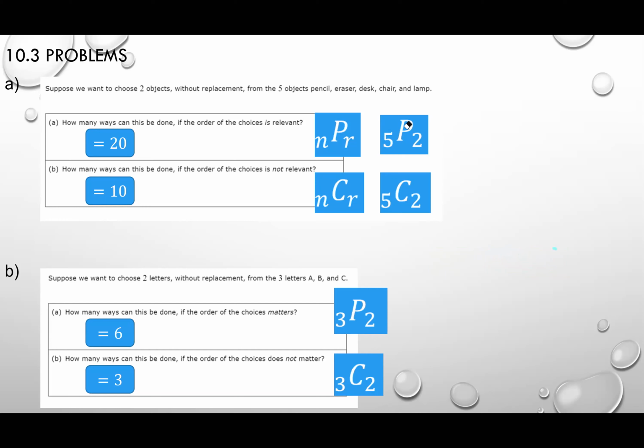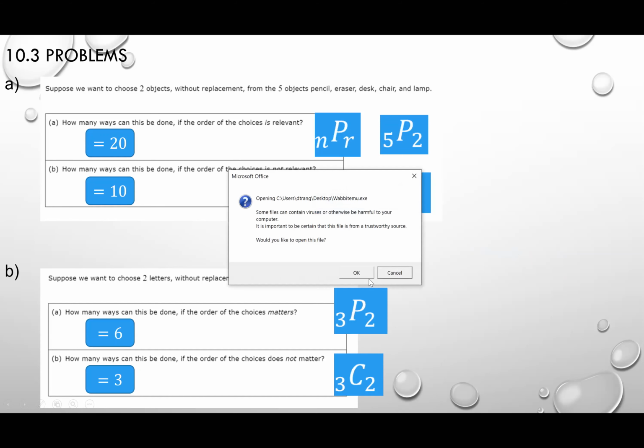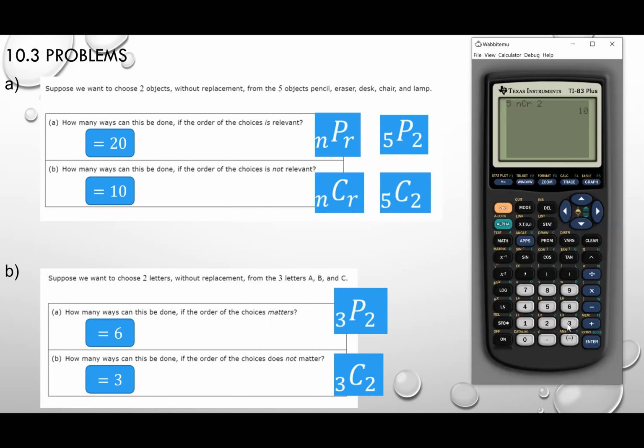And if you have a calculator, you can type this in, very doable. You type in 3, you go to the PRB menu, and then you choose nPr or nCr. For this one, that's where I get 6.